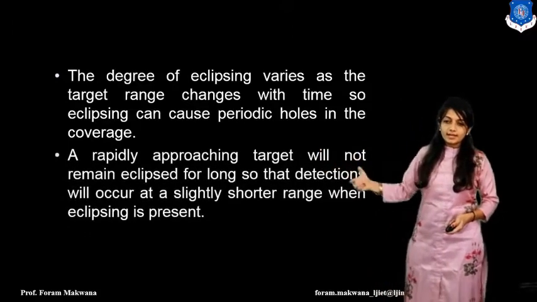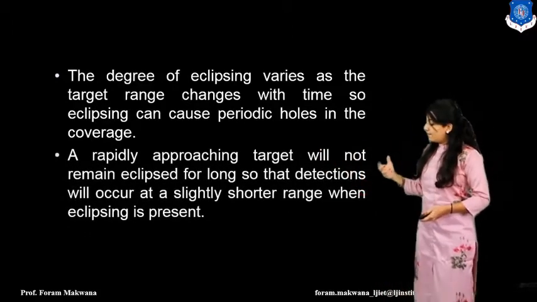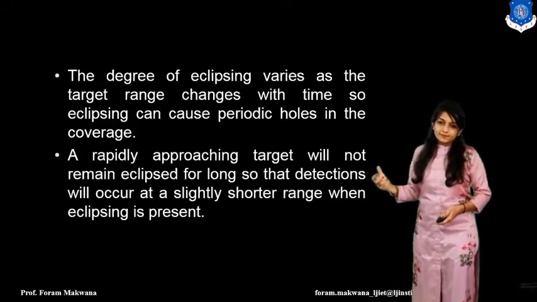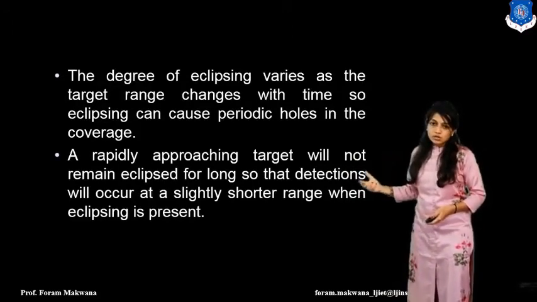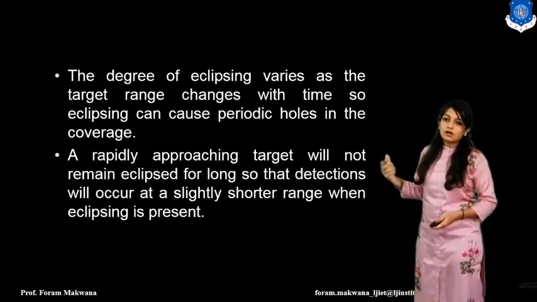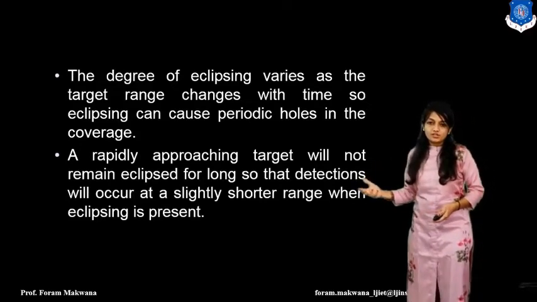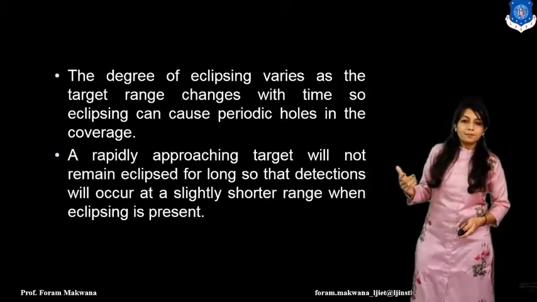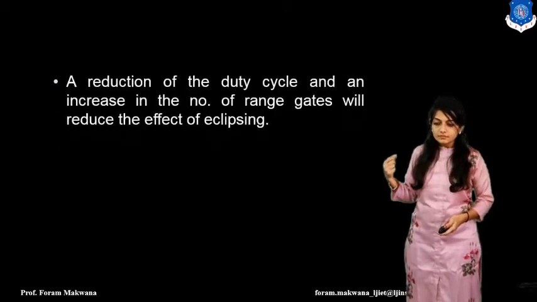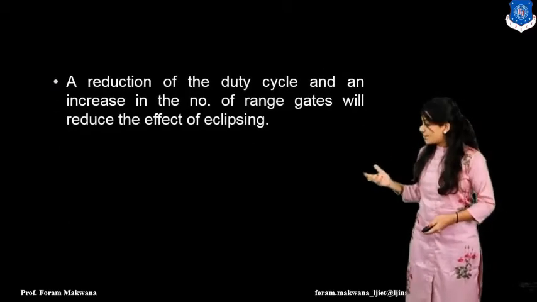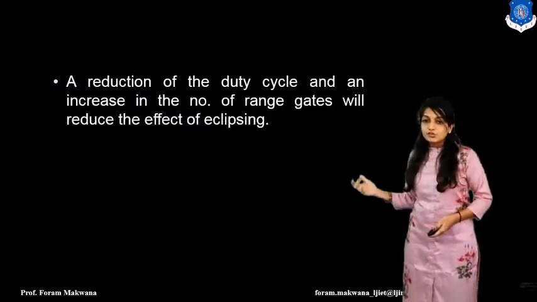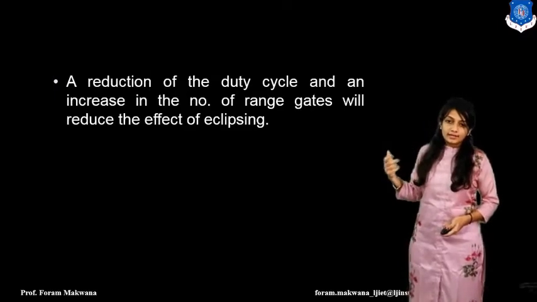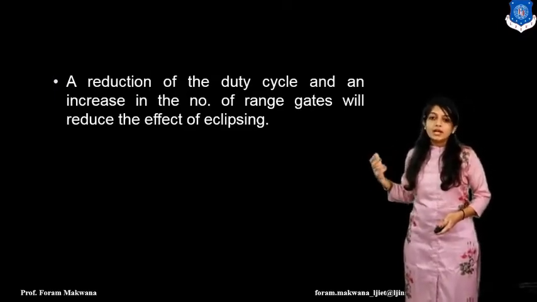Secondly, if you approach a target, it will not remain eclipsed for long, so detection will occur at a slightly shorter range where eclipsing is present. So a reduction of duty cycle and an increase in the number of range gate filters will reduce the effect of eclipsing.